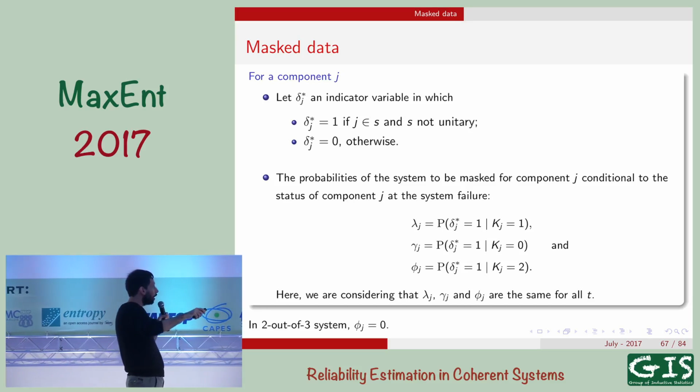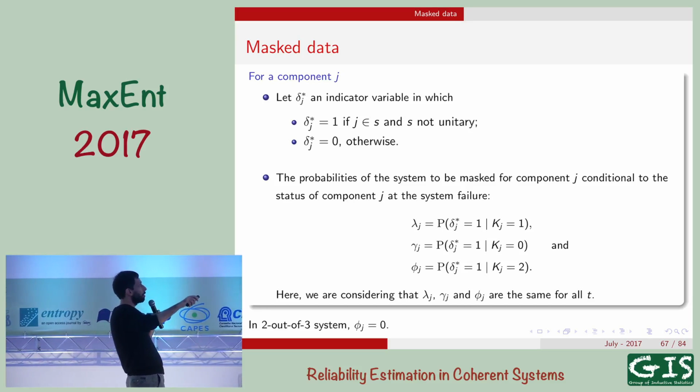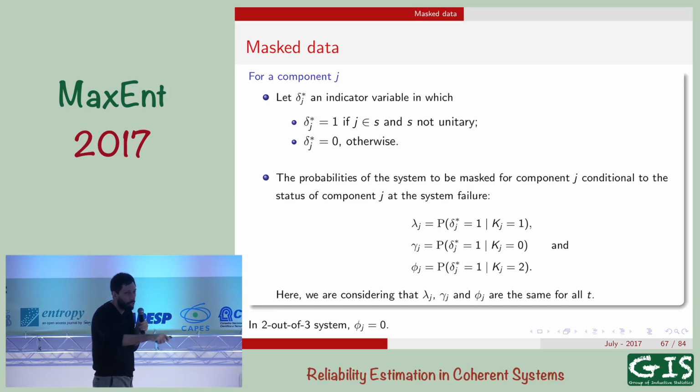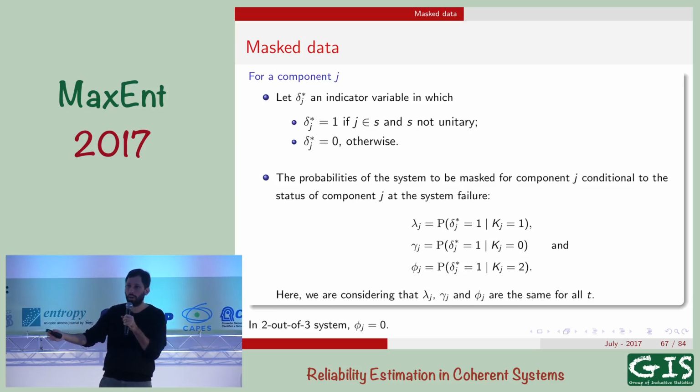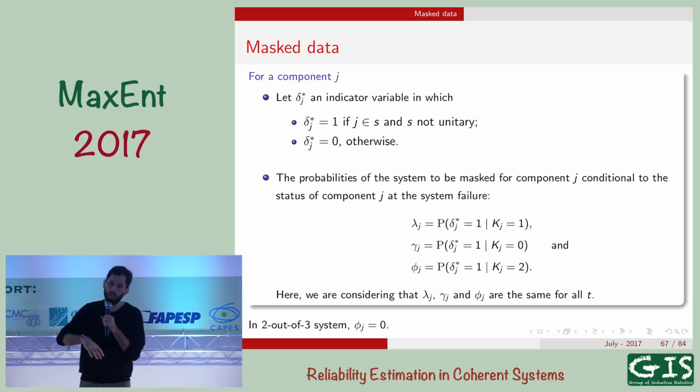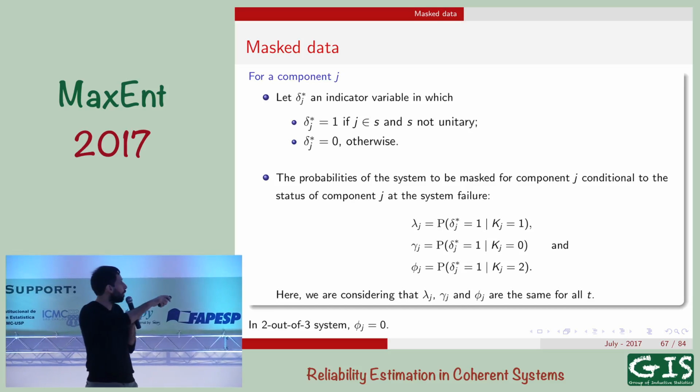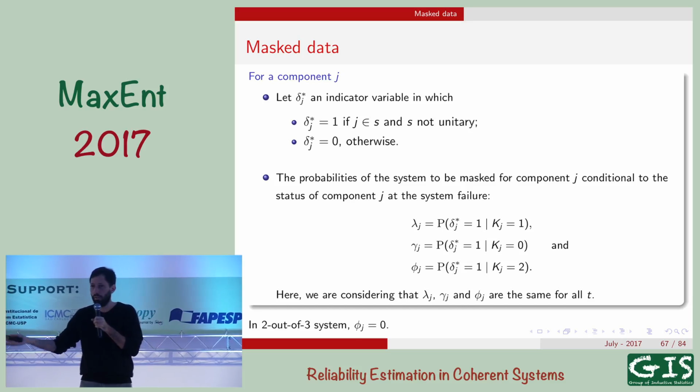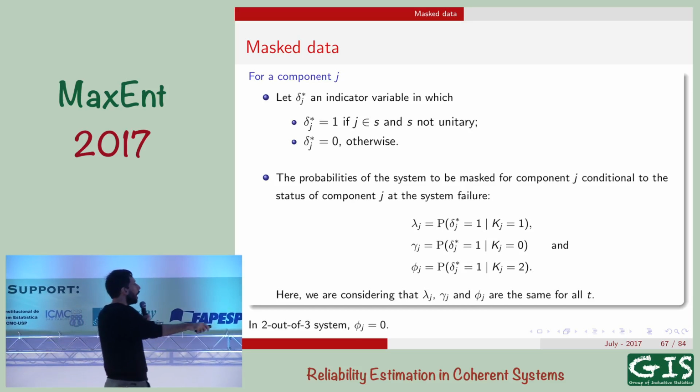Also, we will keep this delta indicator, but now the delta indicator says whether it is inside the set of masked data or not in this set. So it is possible that it was responsible for the failure or it is just a sensor component.